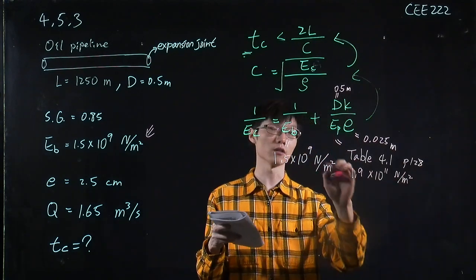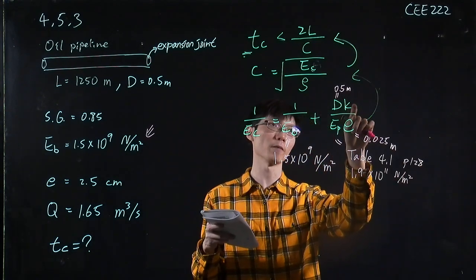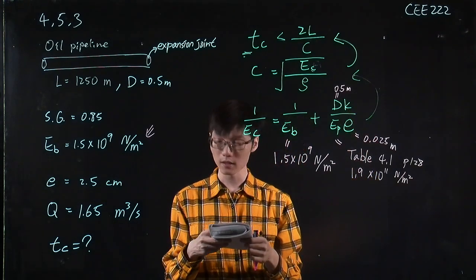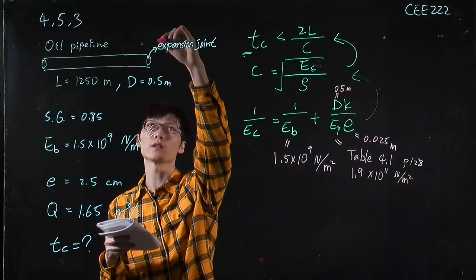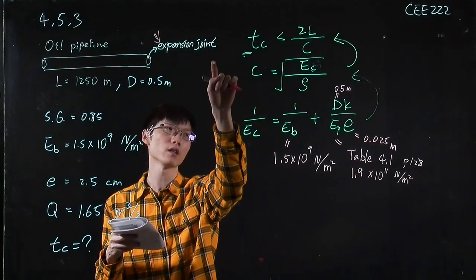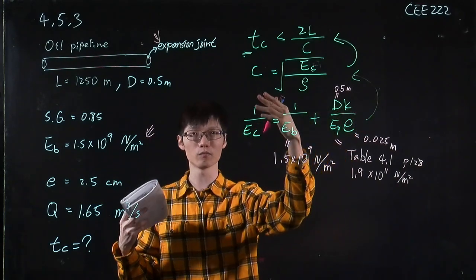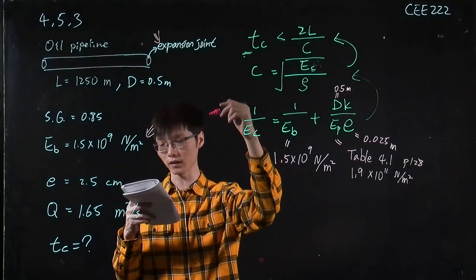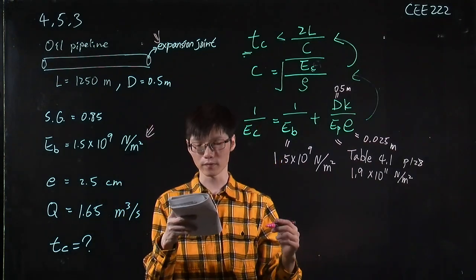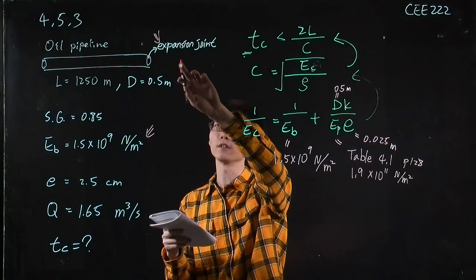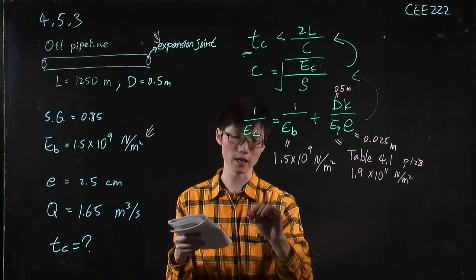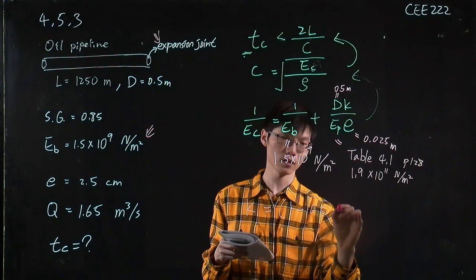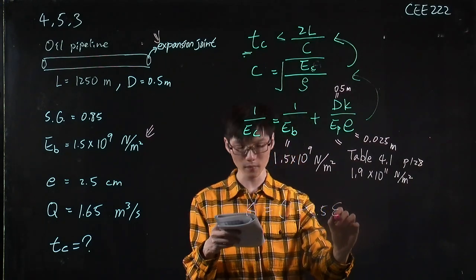Okay, so the only number that we don't know is this coefficient K. Since the problem tells us this is an expansion joint, and this coefficient is related to the joint type, from the textbook you can find that if we have the expansion joint, then this K will equal 1 minus 0.5 epsilon.